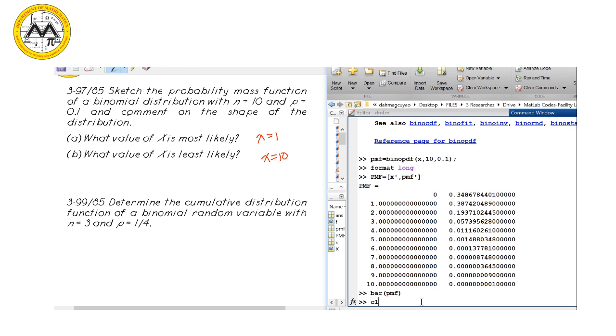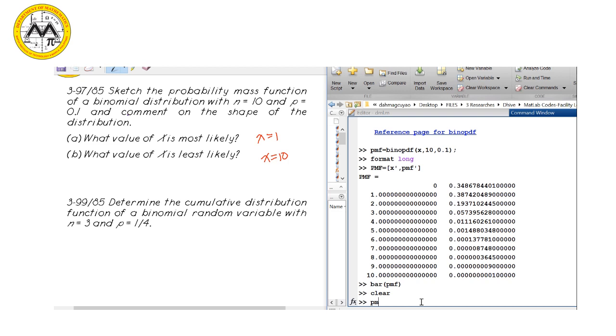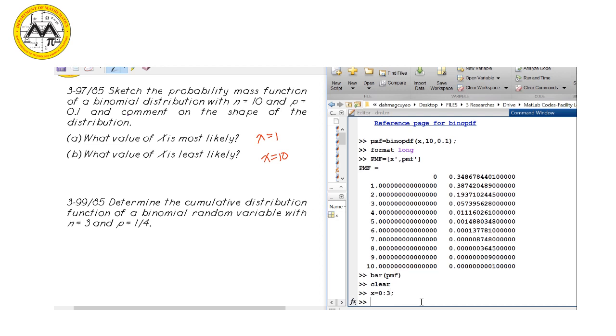So let's clear the variable first and then set PMF to be equal to, x from 0 to 3, and then we're going to evaluate the probability mass function using the binomial PDF, such that we have x, and then n is 3, the probability is 1/4.